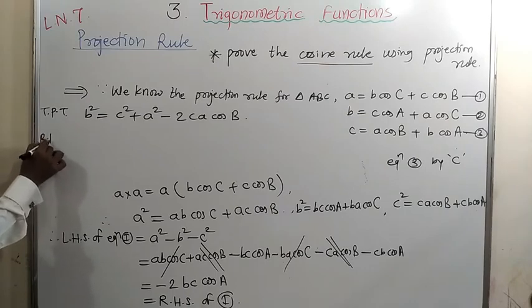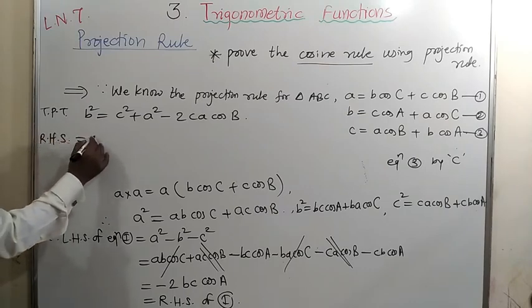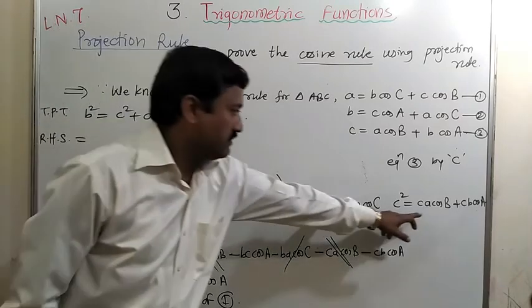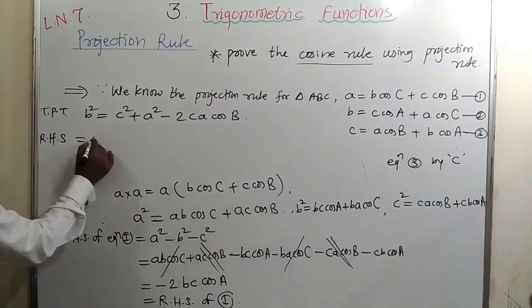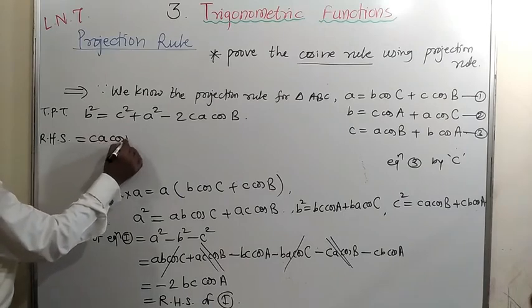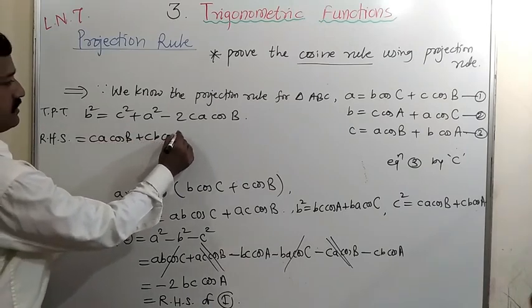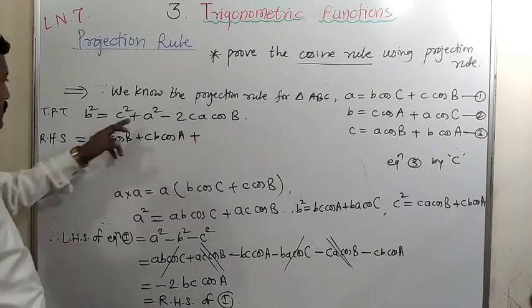So RHS is equal to c square plus a square. What is c square? C square is nothing but ca cos B plus cb cos A, plus, what is a square?